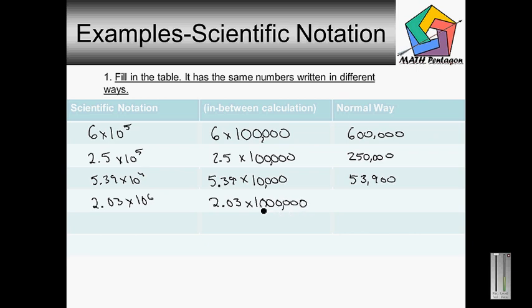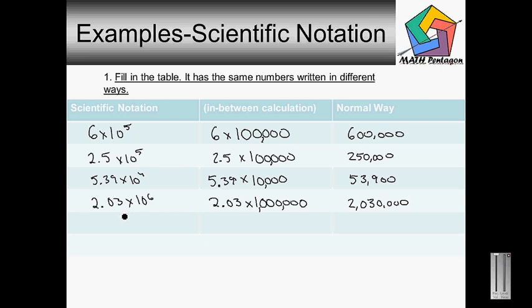So it would be 2.03 times 1 million, and when we multiply that out we get 2,030,000. 2,030,000 would be the normal way.